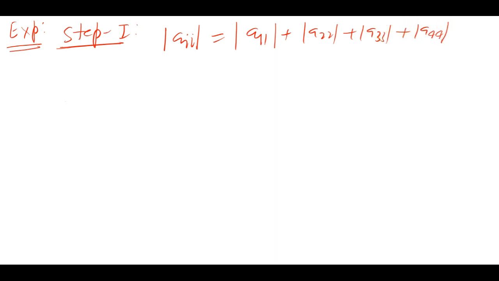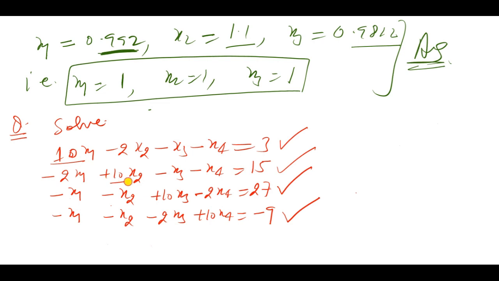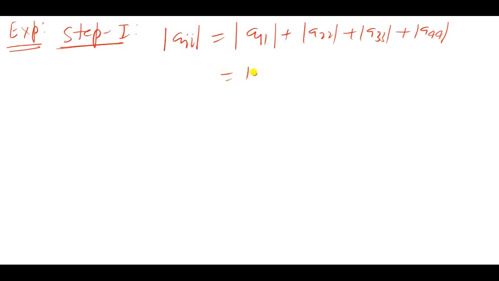Here a11 is 10, a22 is 10, a33 is 10, a44 is 10. So this is equal to 10 plus 10 plus 10 plus 10 is equal to 40, and the summation for i not equal to j of |aij|.